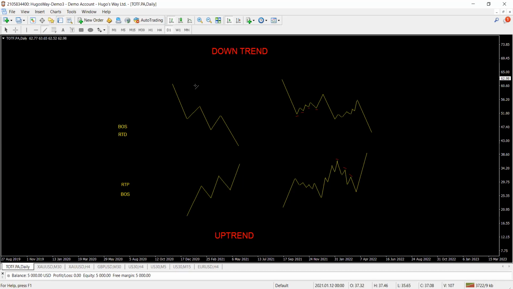So when a retail trader comes into the market and the market is trending down and they see that there's an area of support here, that retail trader will buy off this support. And if they don't understand that the overall market is a downtrend, they basically are trading a pullback. And what happens is the banks know that these retail traders are buying.